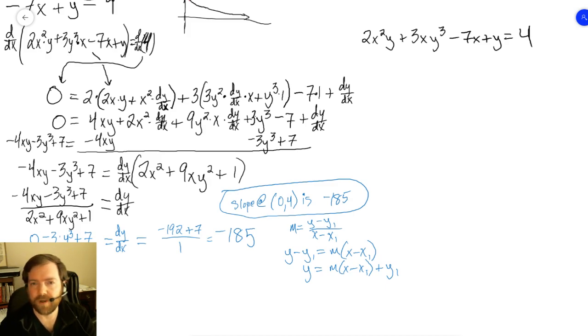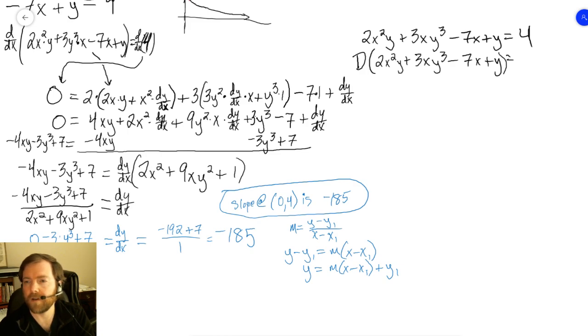So if I just want a general derivative of all this, I can use the differential operator d on 2x squared y plus 3xy cubed minus 7x plus y, and then use the general derivative operator on the other side as well. Again, the derivative of this thing is 0, so it doesn't matter whether it's partial or ordinary, right? D of 4 is going to be 0 no matter what.